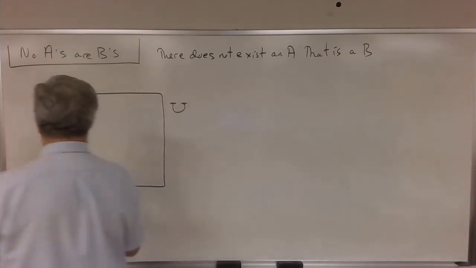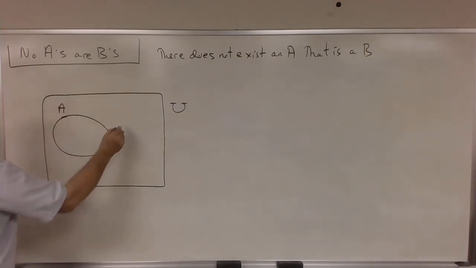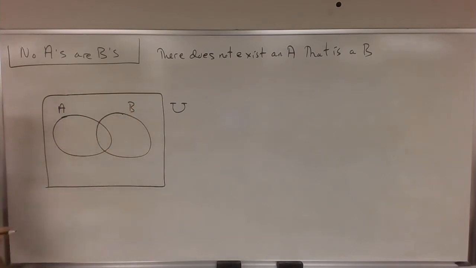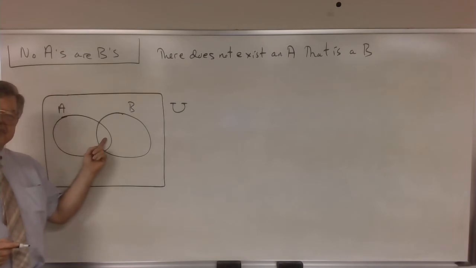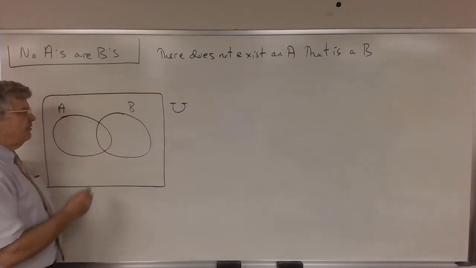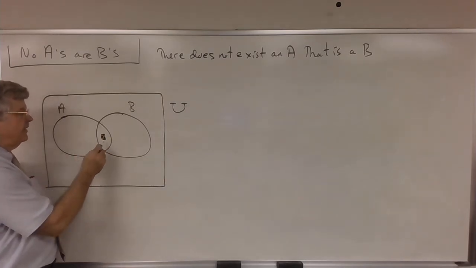So we have our A circle, and we draw our B circle. And I think there's something wrong with this. We draw them so that they're overlapping, and that seems to indicate the possibility that maybe something's right in here.